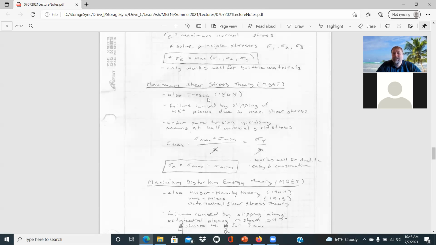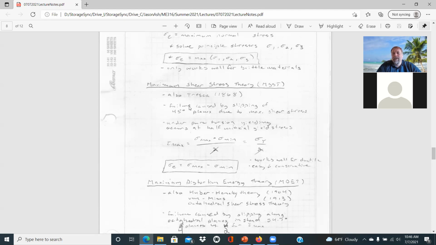And so Tresca's theory really came into play in helping to design the Eiffel Tower. And what Tresca proposed was that instead of failing by a normal stress, failure was caused by slipping of 45-degree planes due to the maximum shear stress.